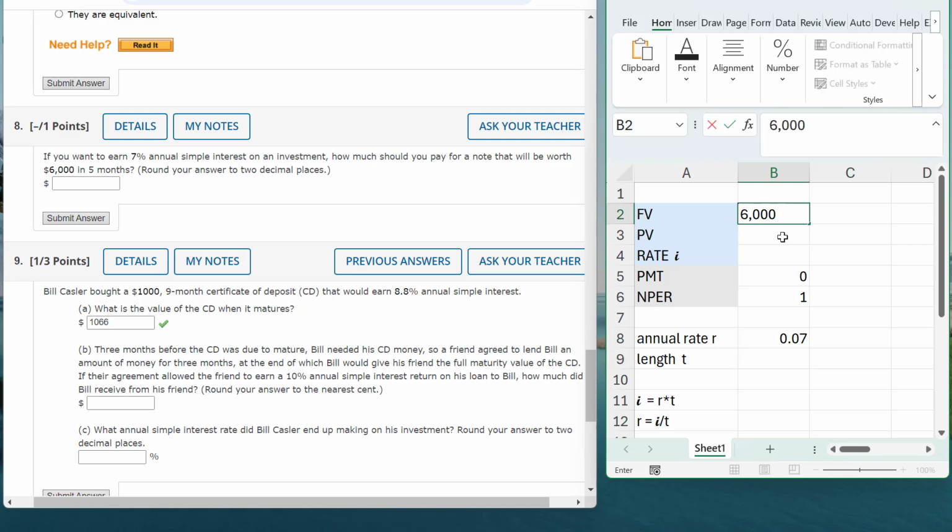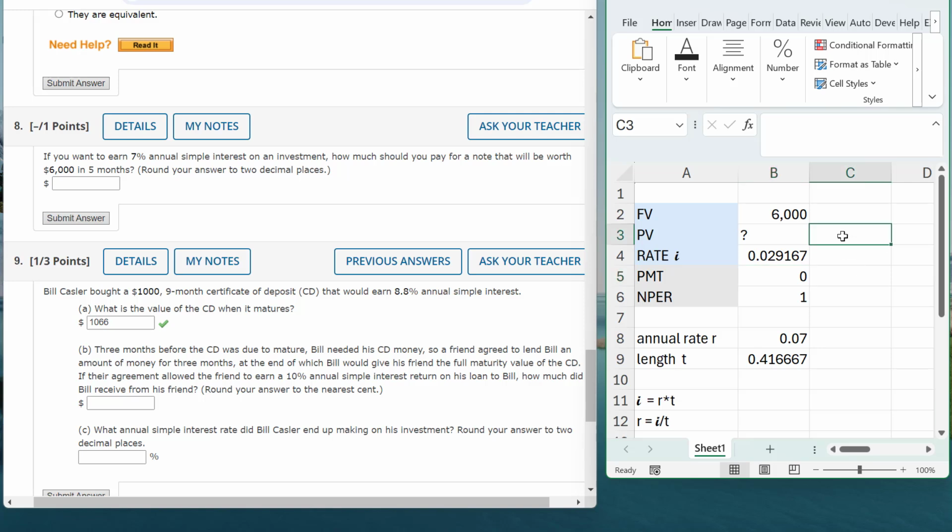That's the money I will get back, so that would be positive, in 5 months. So time would be 5 out of 12. I'm looking for how much should I pay. I need to have the rate. The rate per period is annual rate, I'm using this formula, times the amount of time. So in those 5 months, I'll earn about 2.9% on my money.